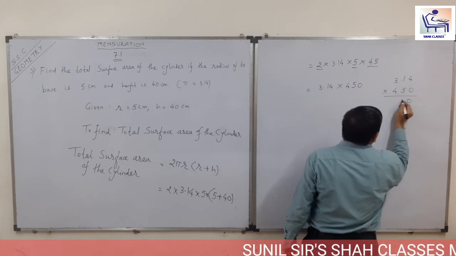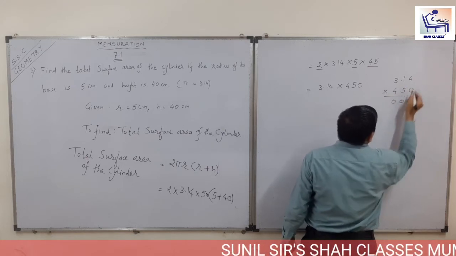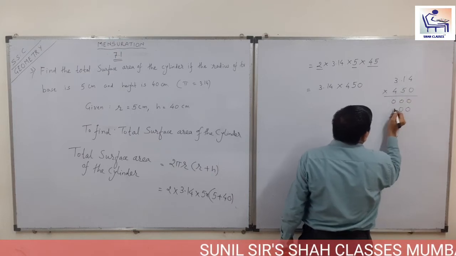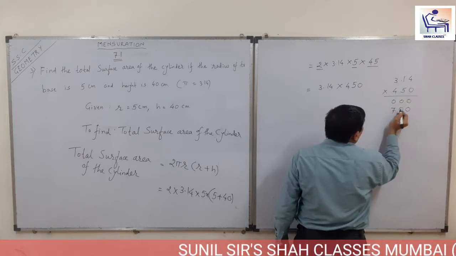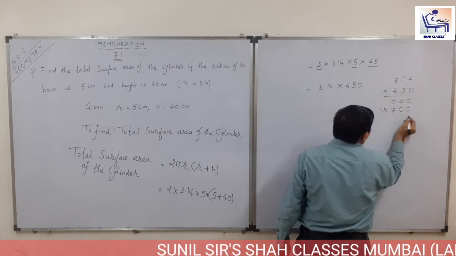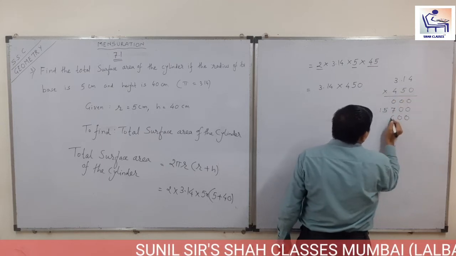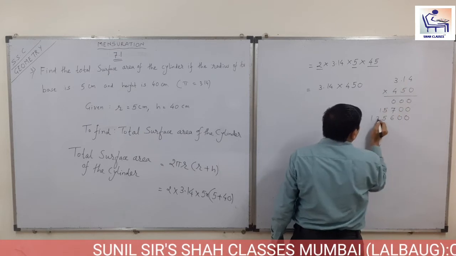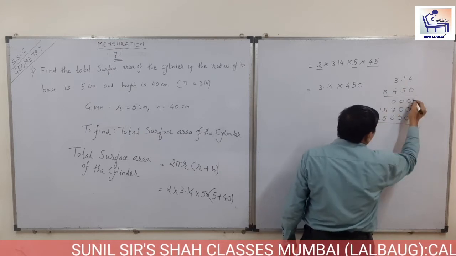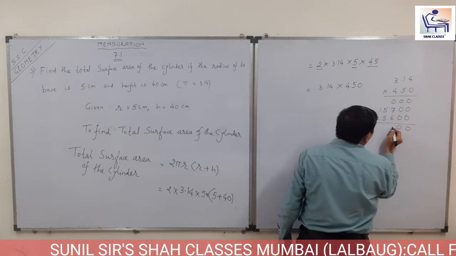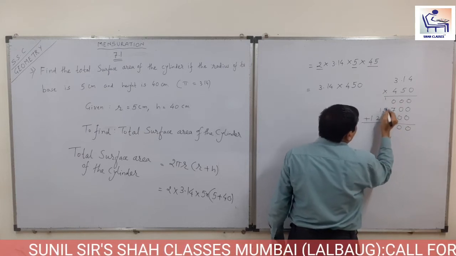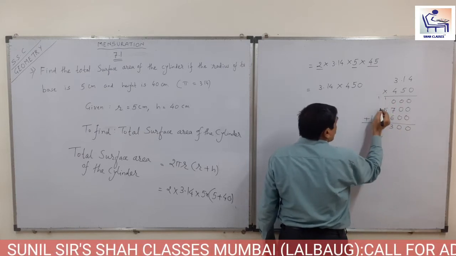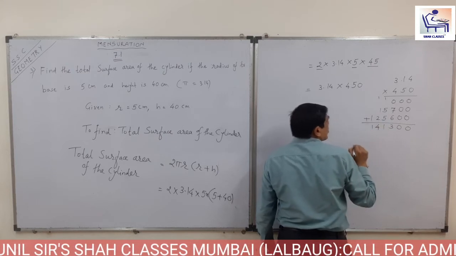So we know all that zeros first. Now 5 fours are 20, 5 ones are 5 plus 2, 7 and 5 threes are 15. Now 4 fours are 16, 4 ones are 4 plus 1, 5 and 4 threes are 12. We have to add up this 0, 0, 7 plus 6, 13, 1 carry, 10 plus 1, 11, 1 carry, 2 plus 2, 4 and 1.